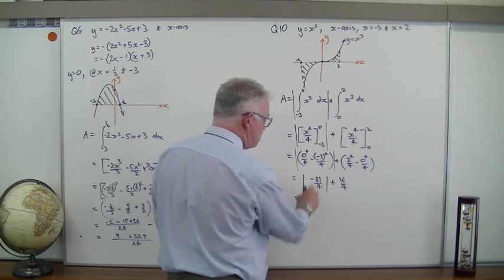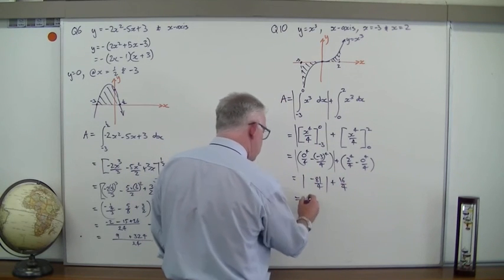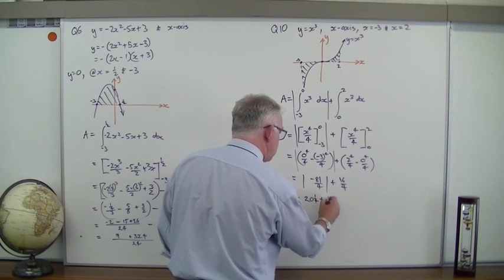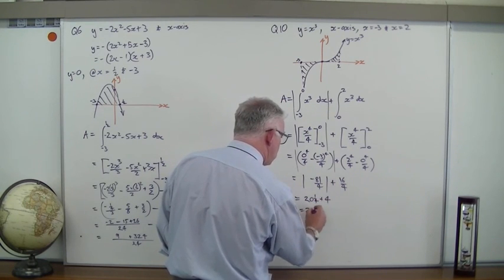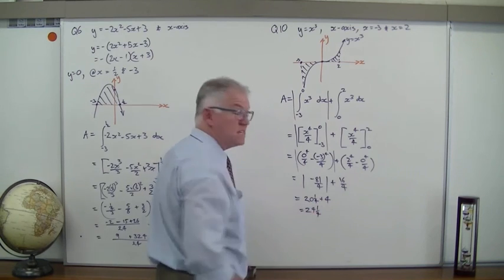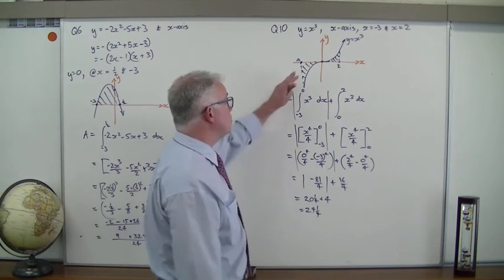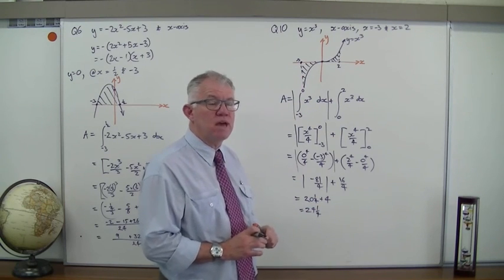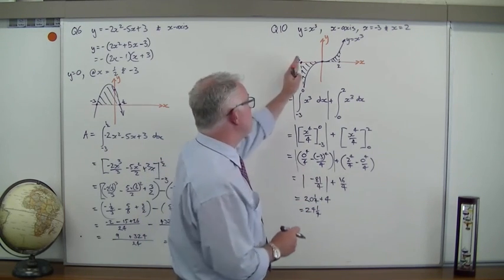And this is going to be 20 and 1/4 plus 4, which gives us 24 1/4. That's what the area would be if they're looking for the area enclosed by the curve and the x-axis from here to here.